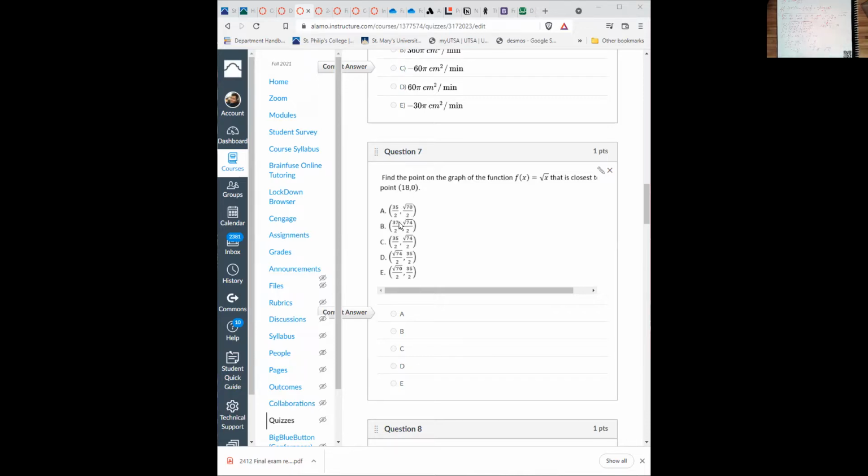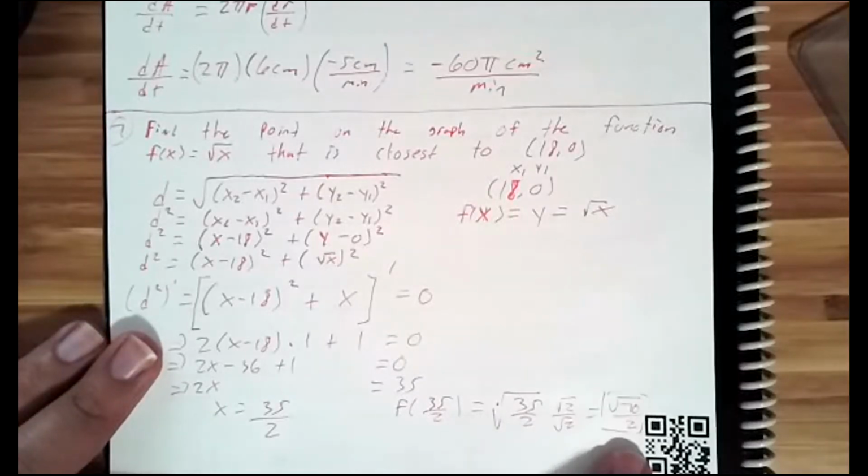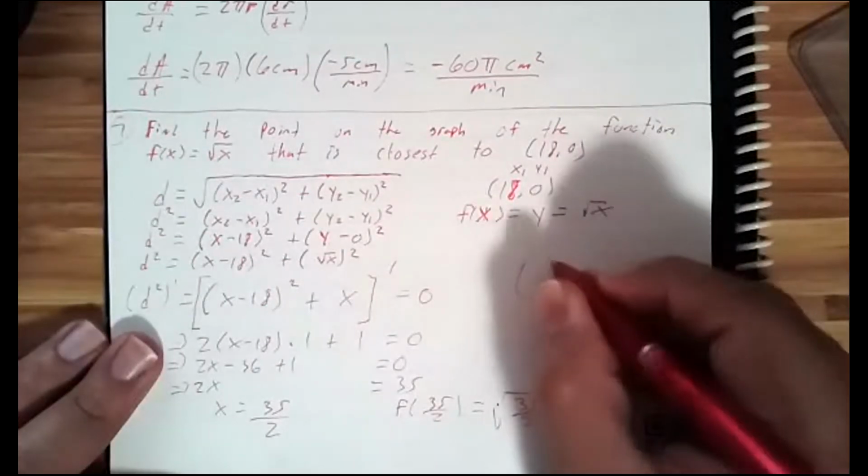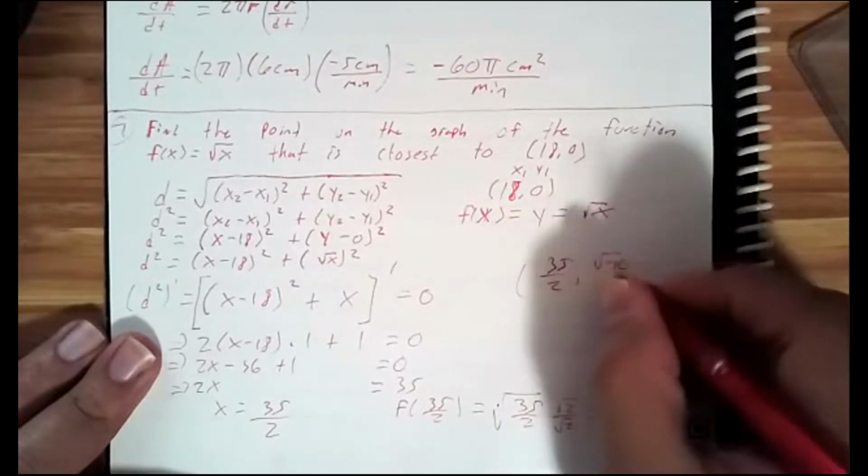If you were to rationalize that, by multiplying top and bottom by root 2, you will get the top answer. So that's the y value. So the answer will be 35 over 2 and square root 70 over 2.